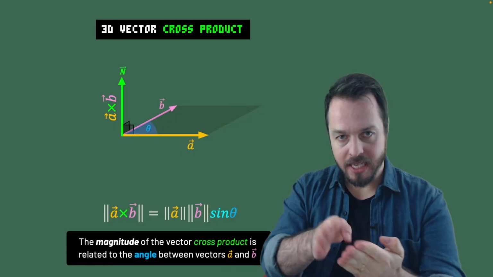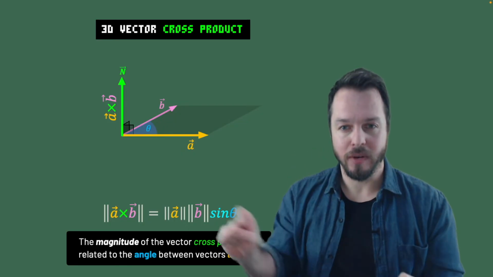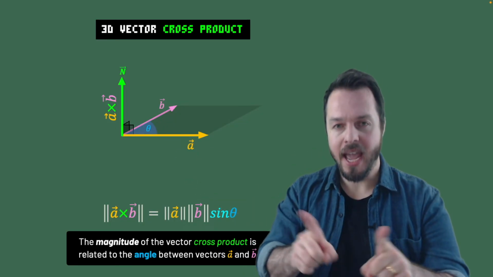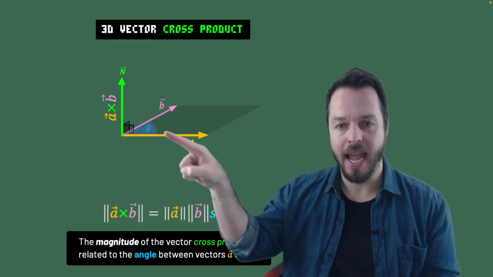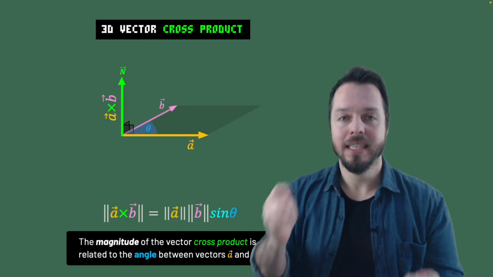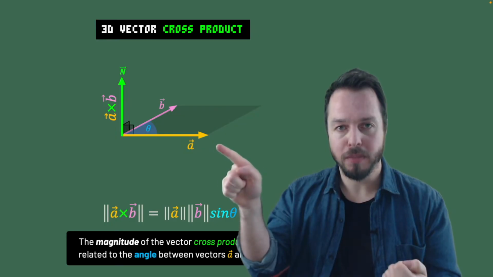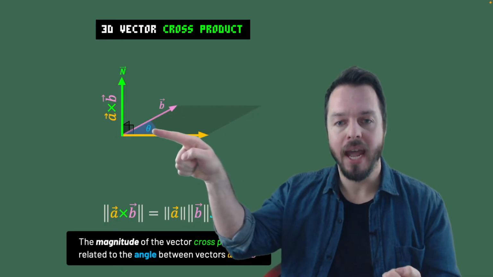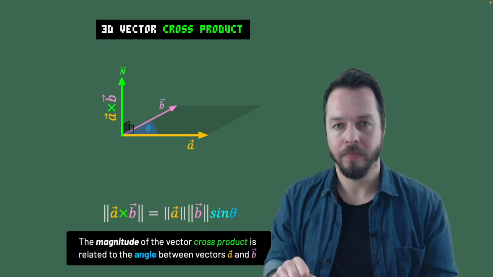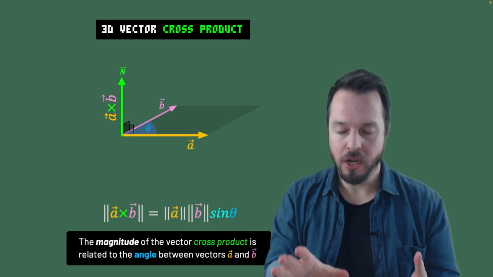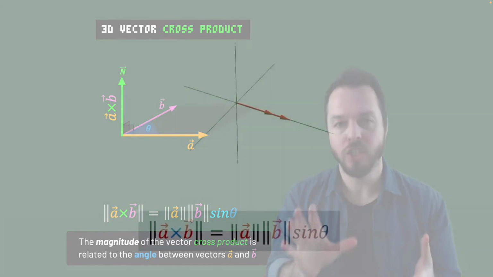So as that angle increases, the sine changes. As A and B change directions, the angles are changing, and the length of that vector cross product has everything to do with the angle between A and B. I want to show a quick animation, so pay attention to this image.